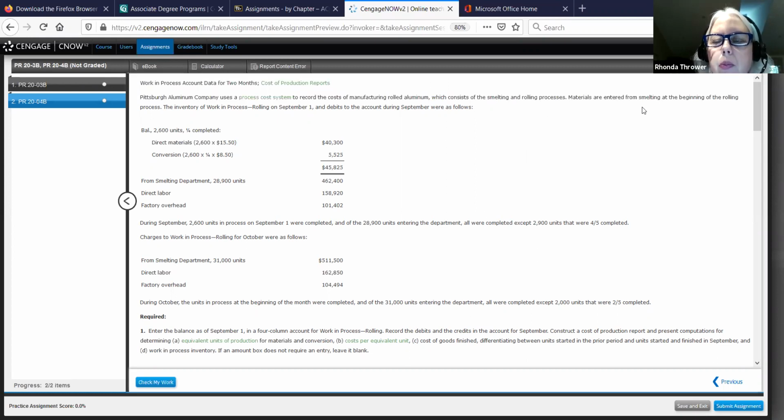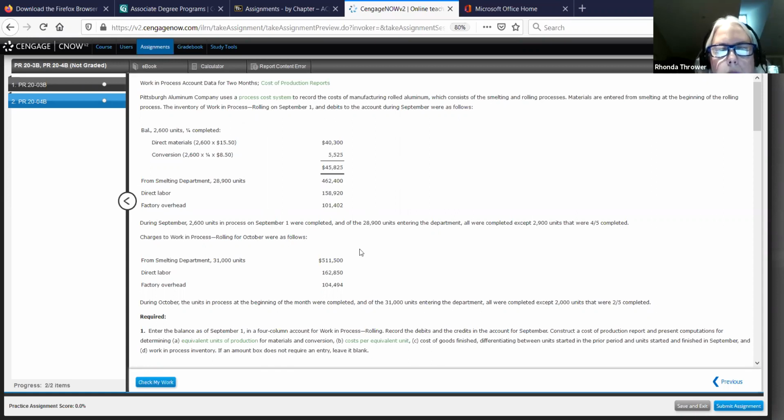Materials are entered from the smelting at the beginning of the rolling process. The inventory of work in process for rolling on September the 1st and debits to the account during September were as follows. So this is the information that we have for September for preparing the cost of production report.